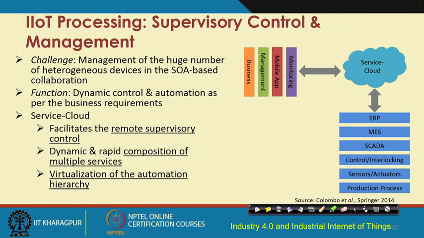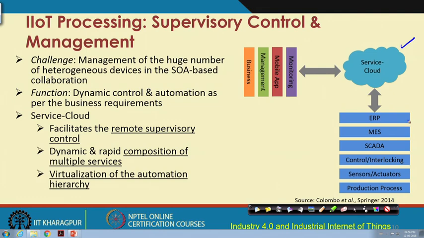So, there are different solutions that are in place with respect to analytics and processing. One of the solutions, the source is given over here, was proposed by Colombo et al., and talks about supervisory control and management in the context of processing. As we can see over here, there are three different components in this particular solution. At the center is basically the service cloud, and at the bottom are a stack of different layers.